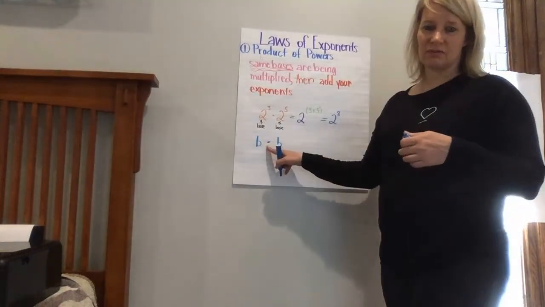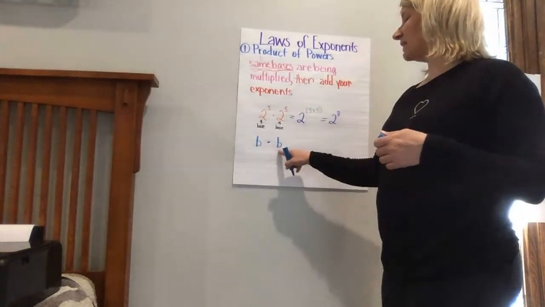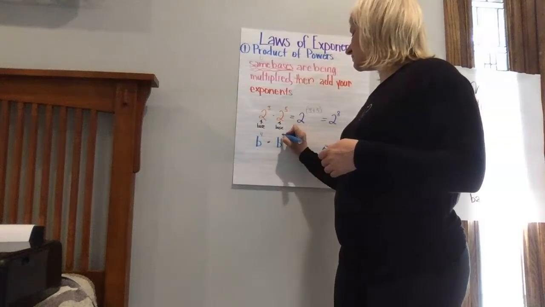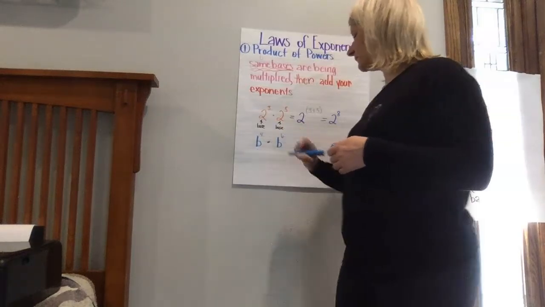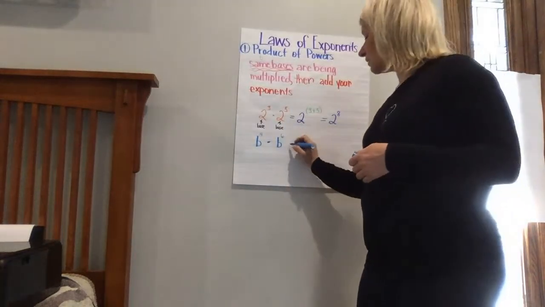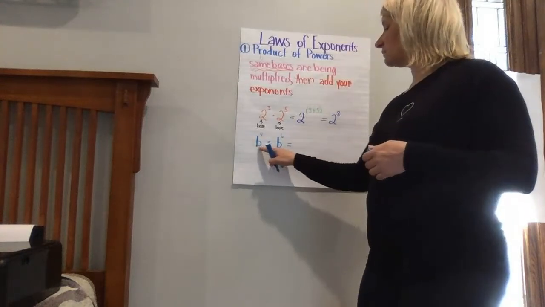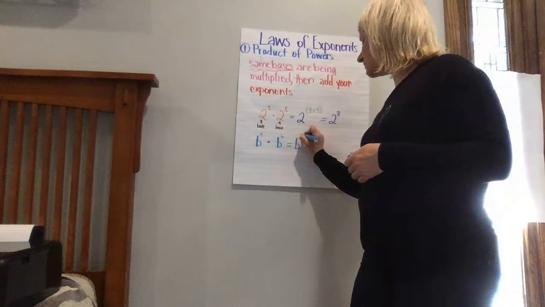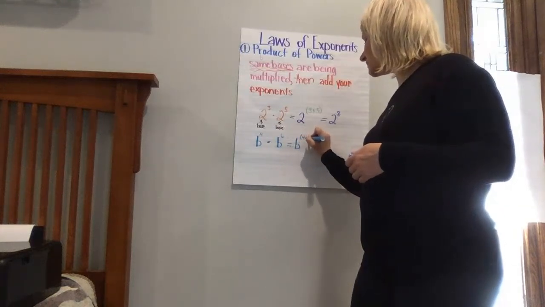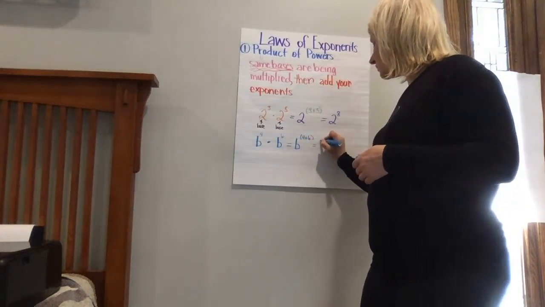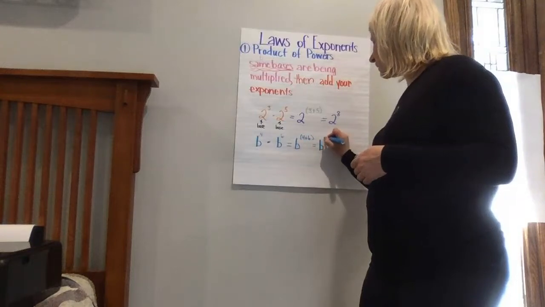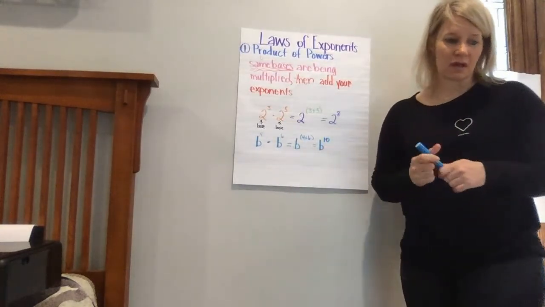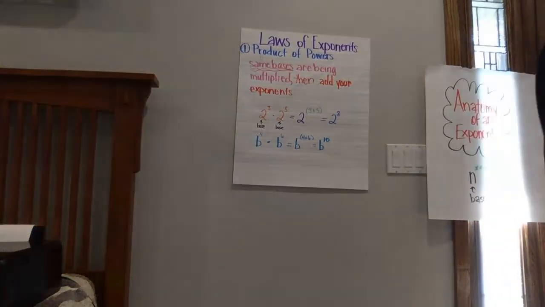Our base is B, and let's make this exponent 4 and this one 6. So when we multiply, that's B and B, so we have B as our base. We're going to add our exponents, 4 plus 6. When that's completely simplified, it's B to the 10th power.